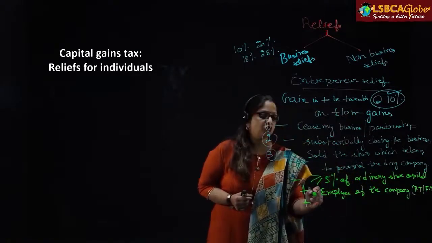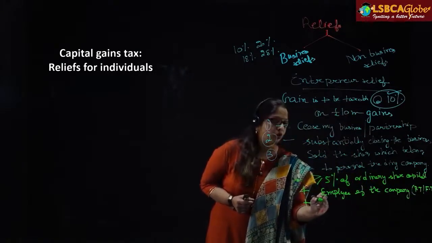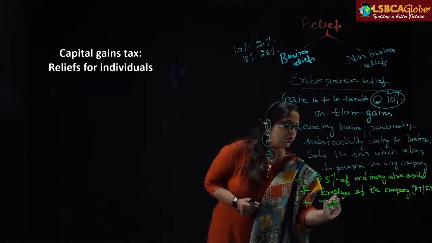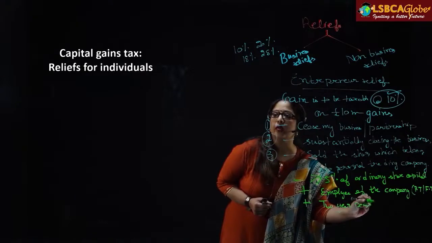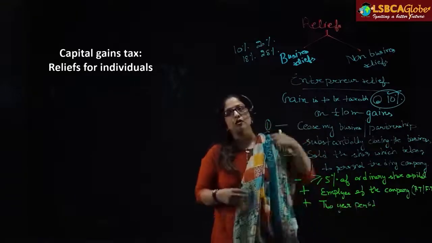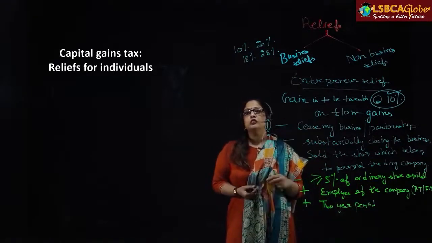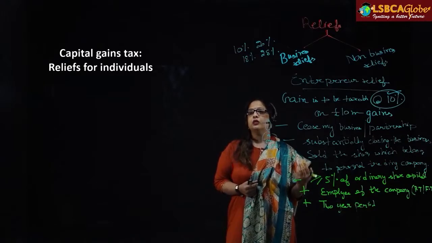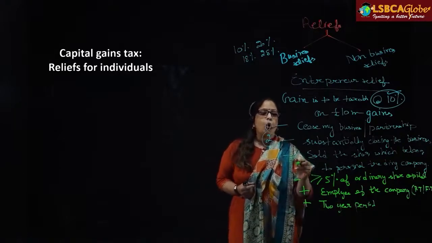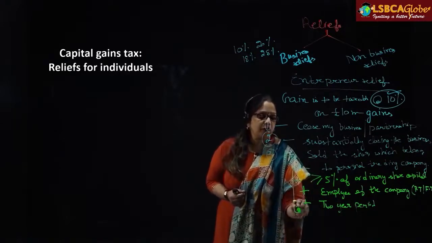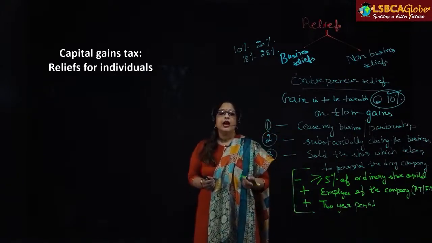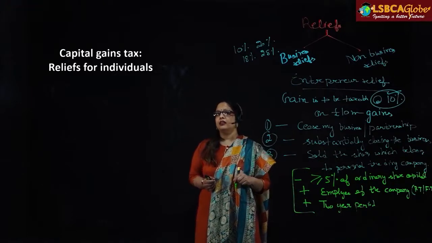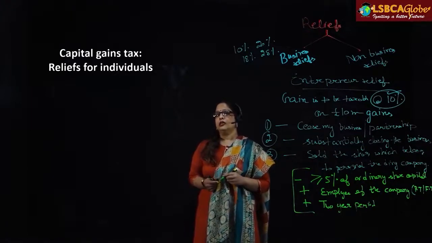Third, the shares must have been owned for at least a 2-year period. It is very much required that you have owned the shares for at least 2 years prior to the disposal. If all these three conditions are fulfilled, then whatever the gain on the shares is there, it is going to be taxable at the rate of 10%. How much is clear?